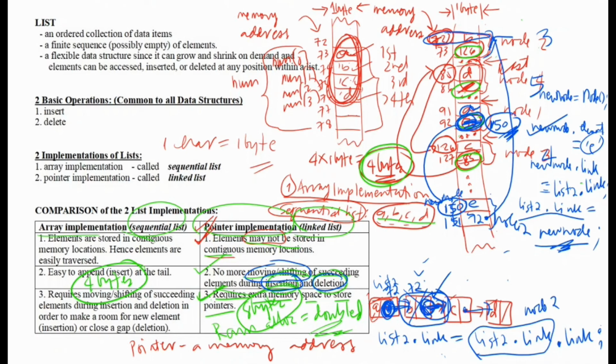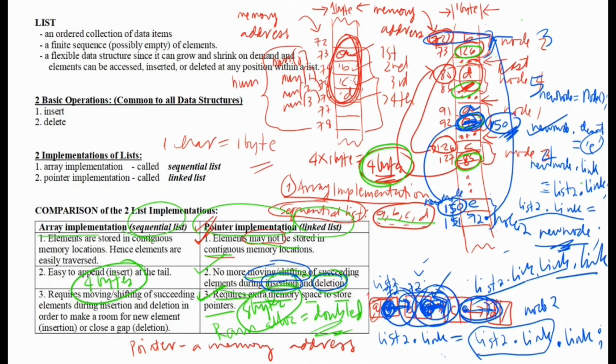So you are now referring to this pointer. The first pointer is list2.link. The second pointer is list2.link.link. The third pointer is called list2.link.link.link. Okay, list2.link is this one. List2.link.link is this one. And so the .link of that is this one.